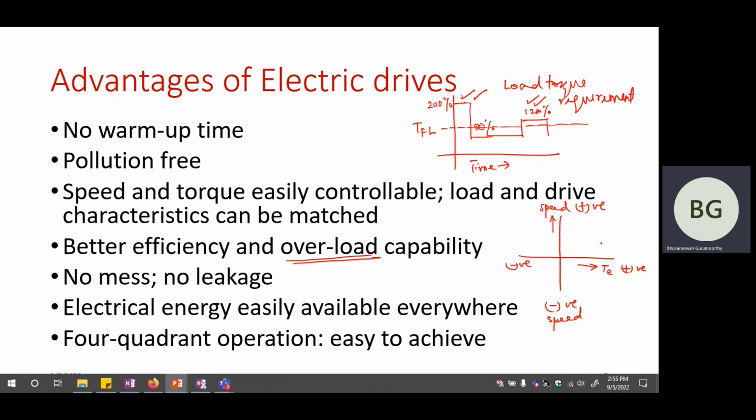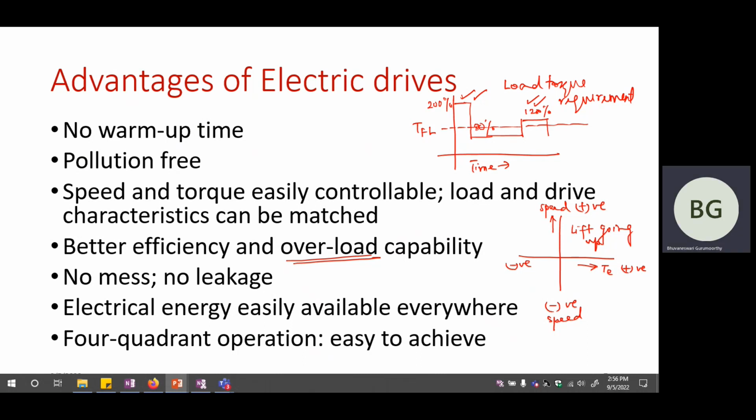So if I am talking about, for example, a lift which is going against gravity, a lift going up, then the motor has to propel the cage upwards, and simultaneously the torque also has to be positive so that the cage is propelled upward.